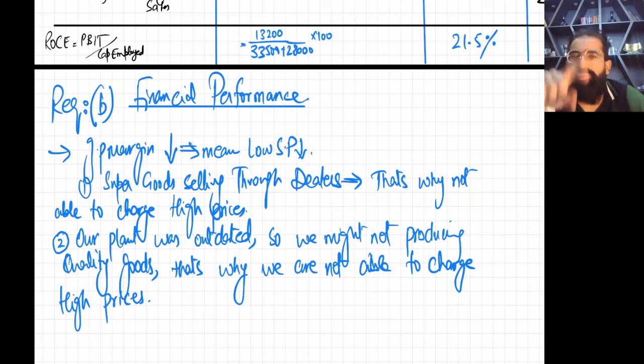That's why we are not able to charge high prices, and when we are not charging high prices, that's why our margin is low. Okay, this may be the second reason.